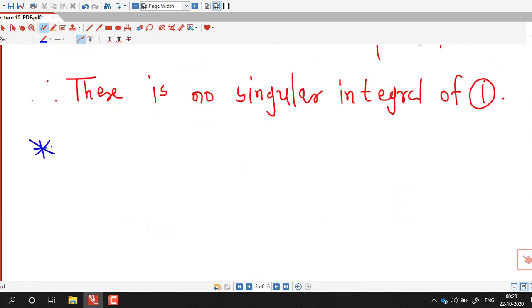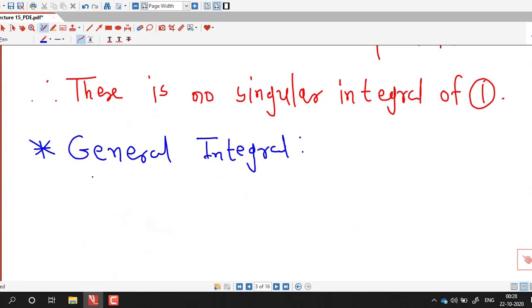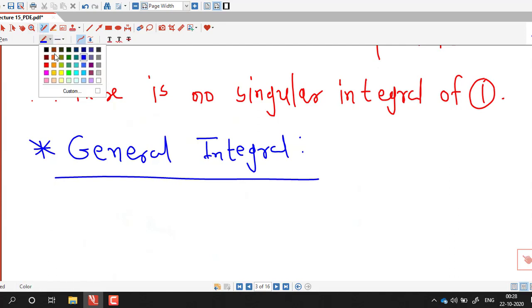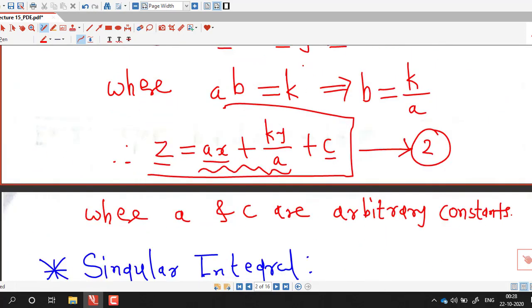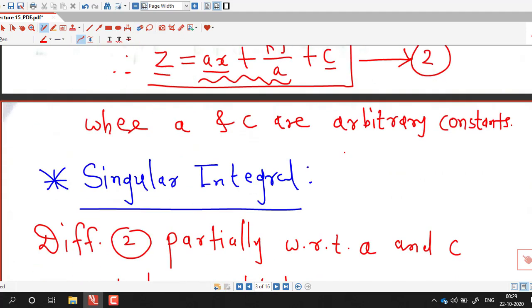Now we try to find out the general integral. To find out the general integral, again we are using the complete integral, and as we know by the definition of the general integral, we have to assume that one constant in the complete integral is a function of the other constant. So here there are two constants, a and c. Suppose we assume that c is a function of a.